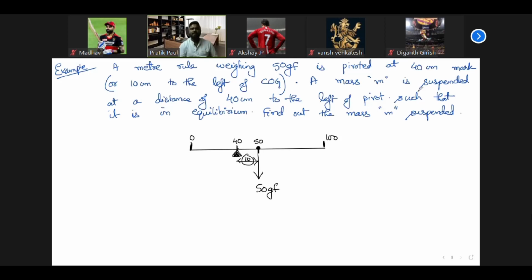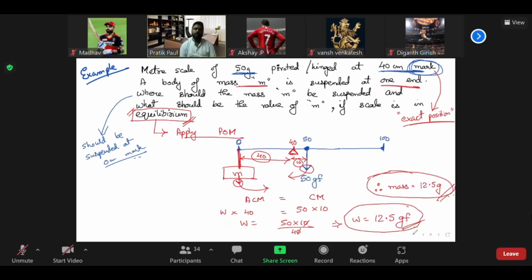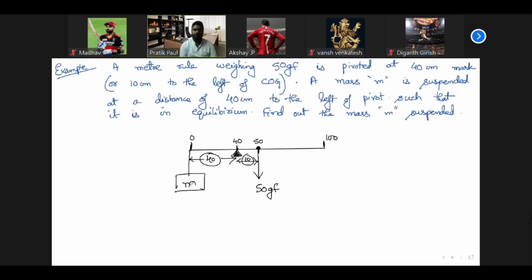A mass M is suspended at a distance of 40 centimeter to the left of the pivot. This is the right of the pivot and this is the left of the pivot. So 40 centimeter from here is nothing but the 0 centimeter mark. Here there's a mass M which is being suspended. This distance is 40. Same as the previous question. Now again, this will produce a torque this side and this will produce torque this side.